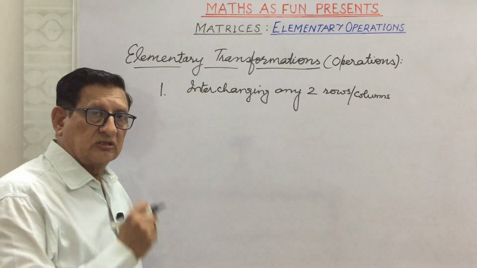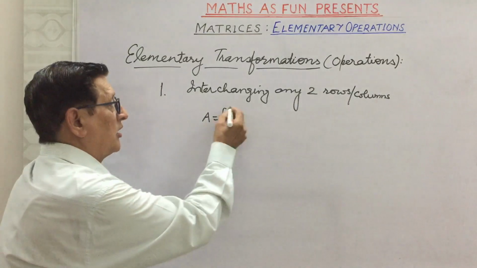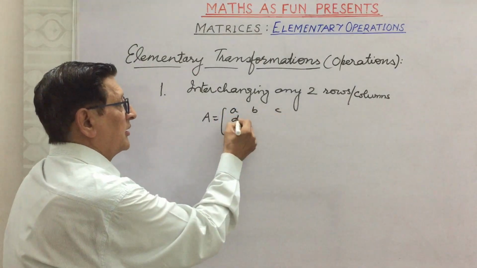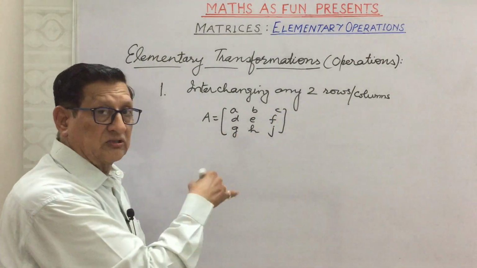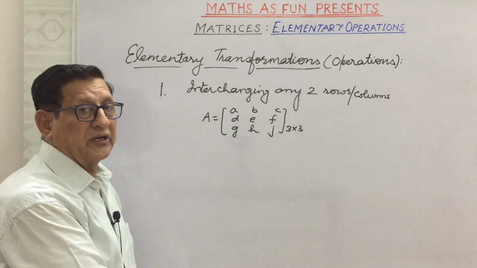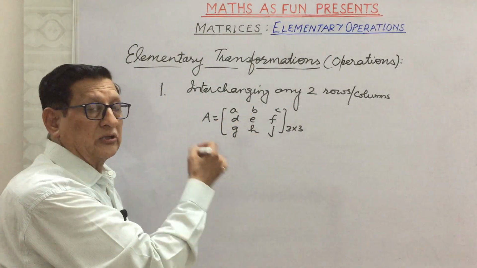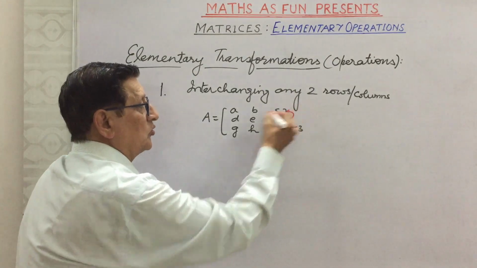To learn this, suppose we have a matrix A, the elements in which are A, B, C, D, E, F, G, H, J. This is of order 3 into 3. Suppose we want to perform the operation in the rows, interchanging row 1 and row 2.